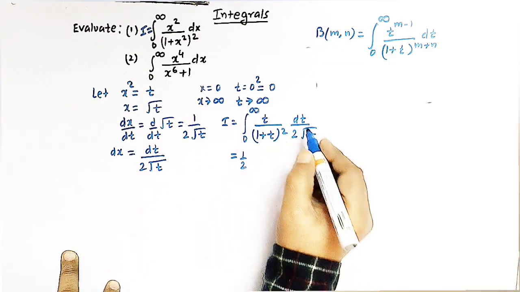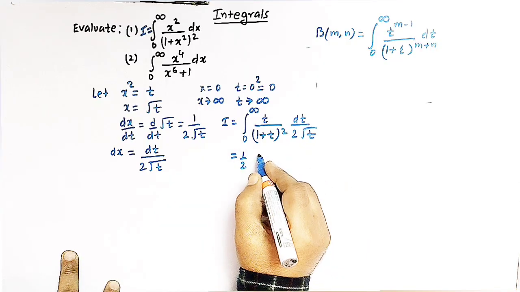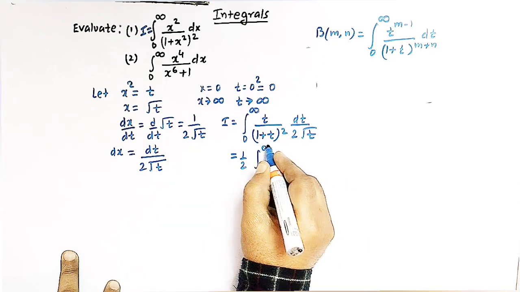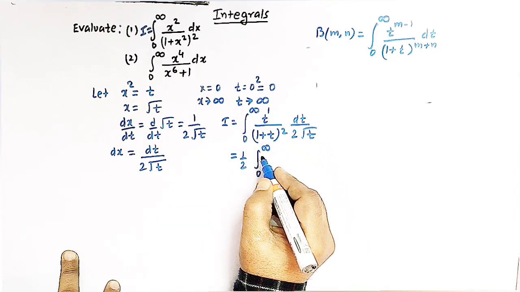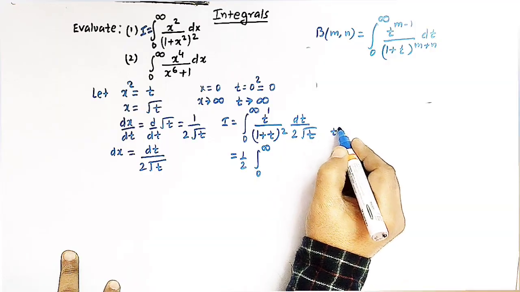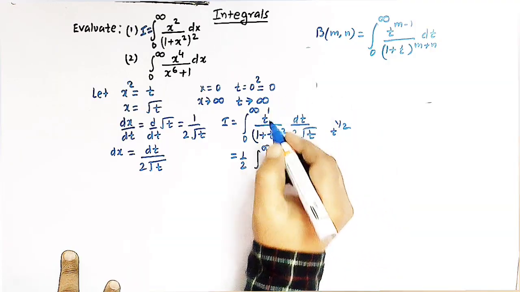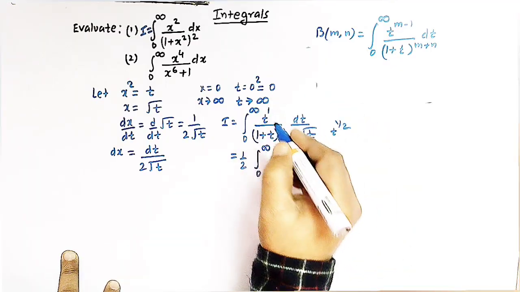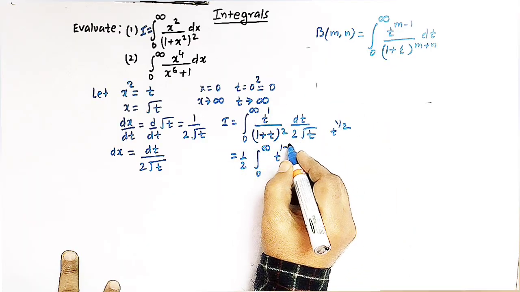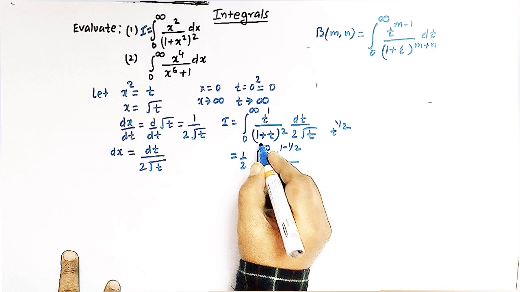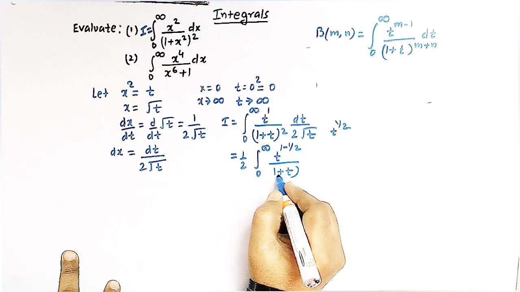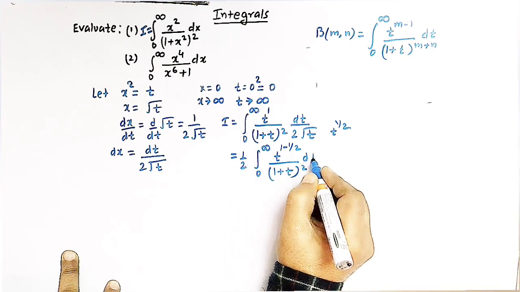So we can take half outside the integral, and we have 0 to infinity. Here we have t raised to 1, and here we have t raised to half. So we can take t raised to half to the numerator, and applying the laws of exponents we can write 1 minus half, and here we have 1 plus t raised to 2 and dt.